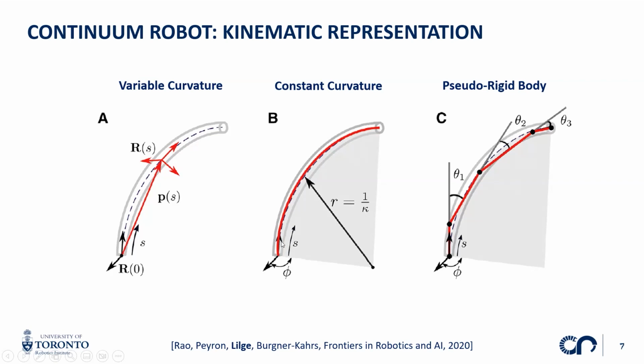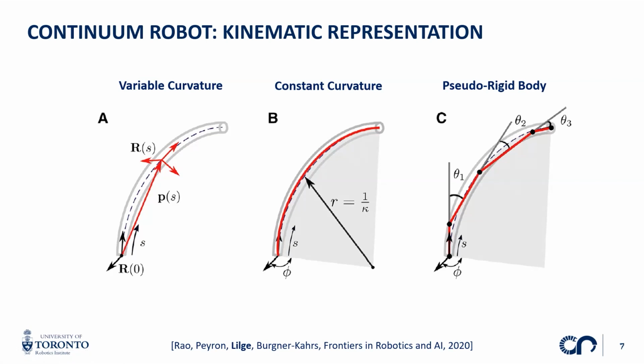Every constant curvature arc is a part of a circle with a constant curvature kappa. And then I can use multiple of these constant curvature arcs and put them together to approximate the shape of my continuum robot. One other idea is to approximate this smooth shape of a continuum robot by rigid links and discrete joints. And then I can treat it kinematically like a serial arm rigid link robot.